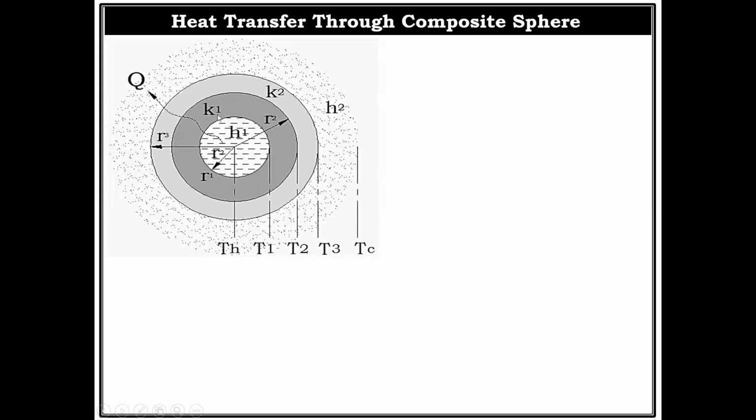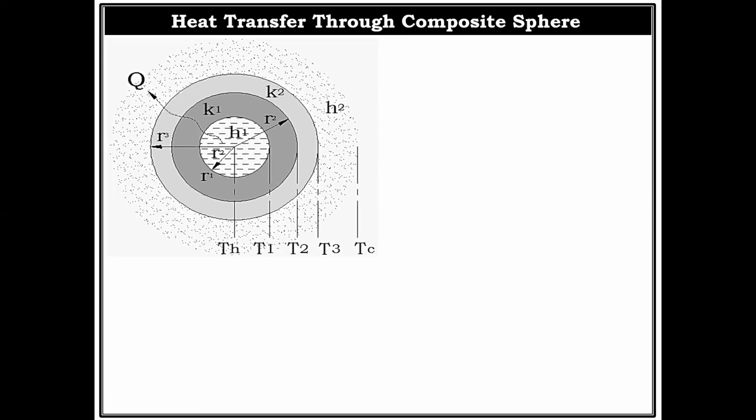The inner sphere has thermal conductivity K1, the outer sphere has thermal conductivity K2, and heat flows at rate Q radially from inner to outer. It shows that the inner hot fluid has higher temperature than the outer. It may be the reverse case also, in which case Tc must be higher than Th.